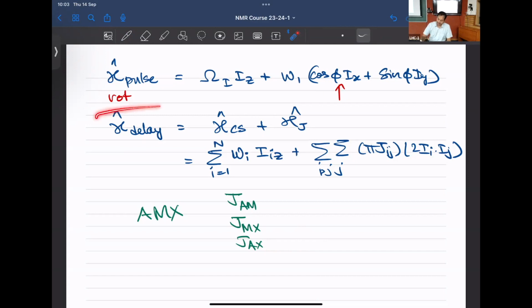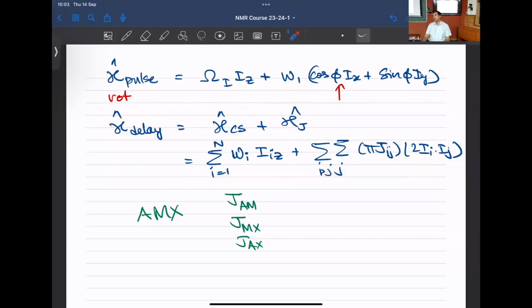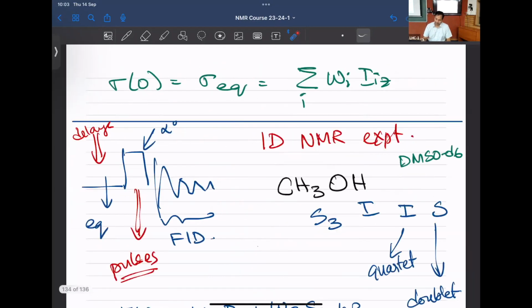So otherwise, the delay has significantly the scalar coupling and the chemical shift contribution. Did that make sense? If you don't understand, let's go back a step. This is the one-dimensional NMR experiment we are looking at. While you're applying the pulse, if you're on resonance, the only major effect present is the pulse by itself.